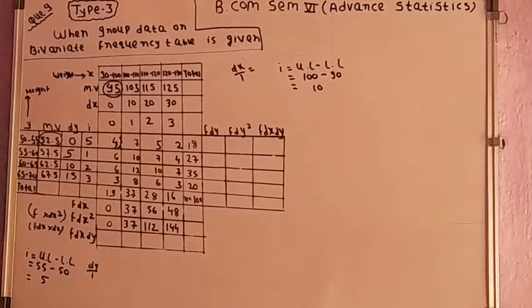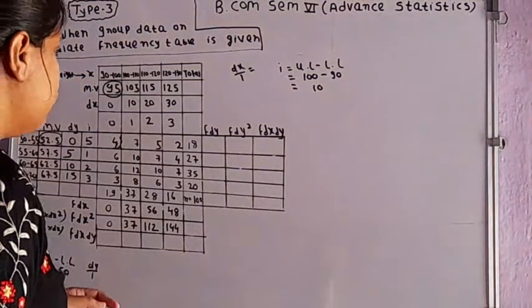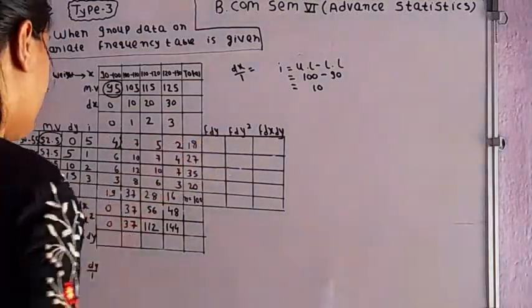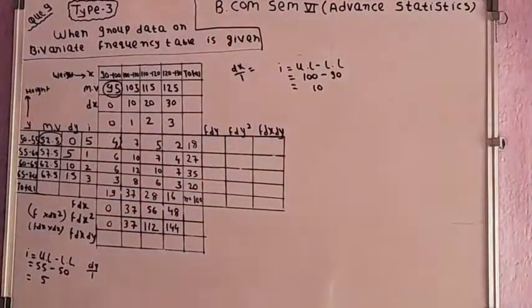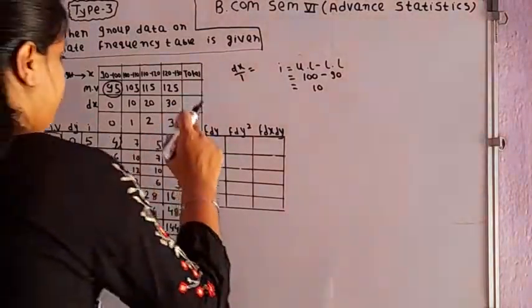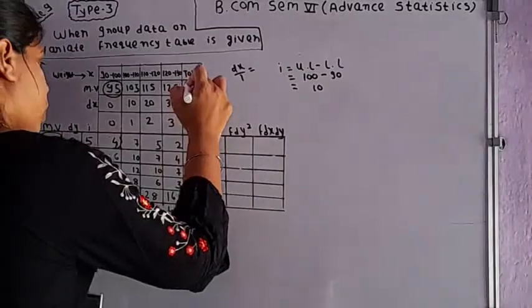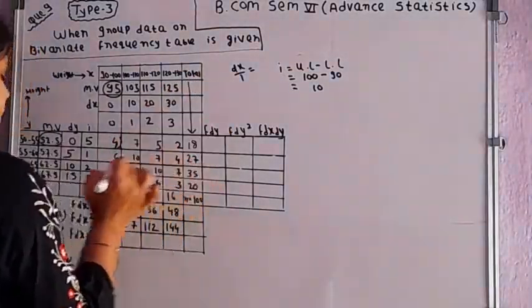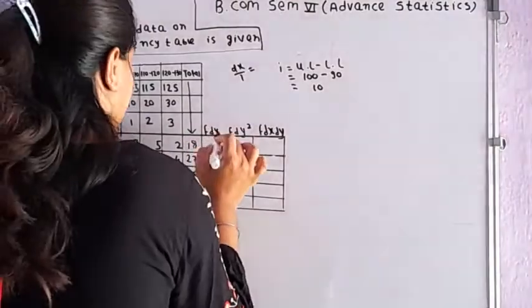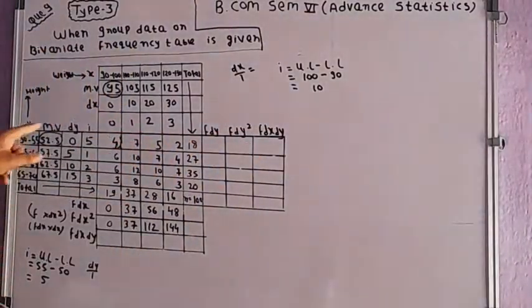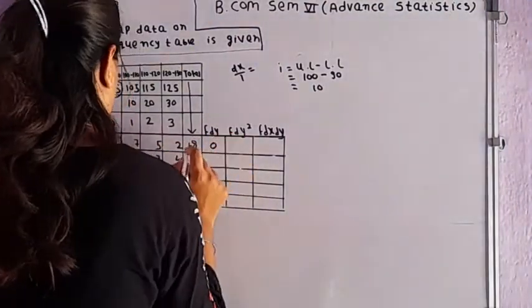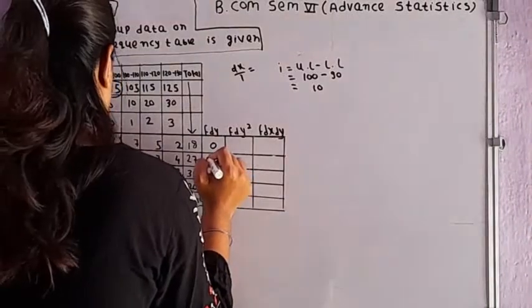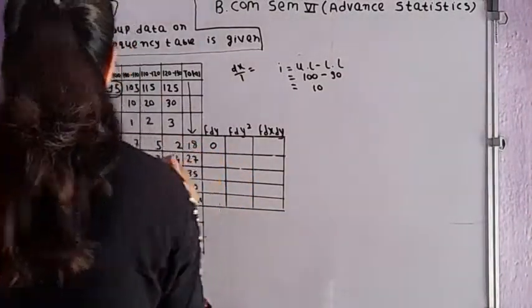Okay. Now what is the next thing that we are going to do? We are going to find out fdy and fdy square. So let's find out fdy. It means frequency into dy. So this is the total of frequency for the X series, and dy means the simpler form of dy column, that is I. So 18 into 0, it will remain 0. 27 into 1, it will remain 27.